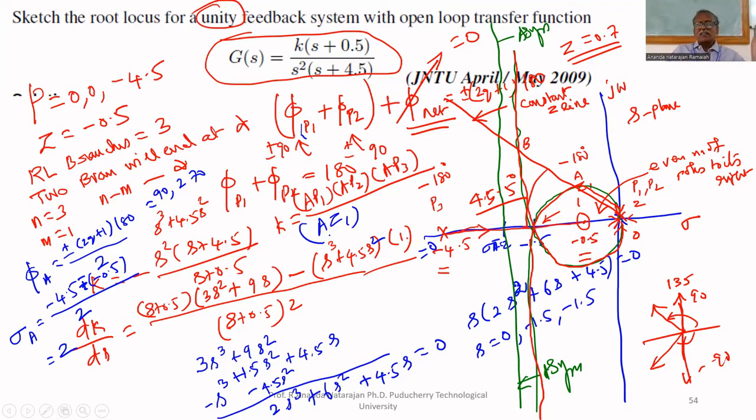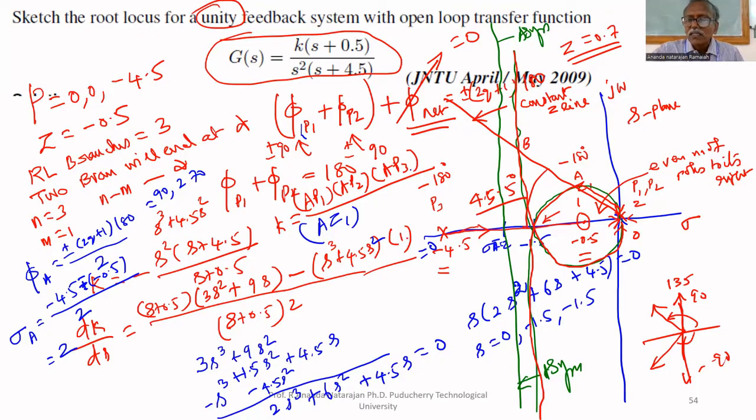But the constant zeta line cuts the root locus at 2 points, and we have to find the value of K at A only. If you draw graphically, you can find it. If you know the point A, you can analytically find it. The length AP1 you can calculate this way.